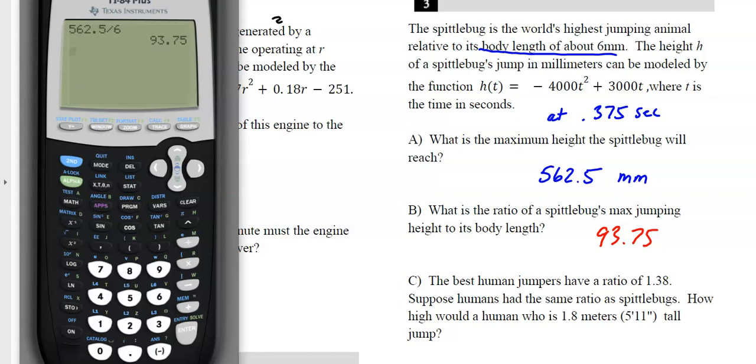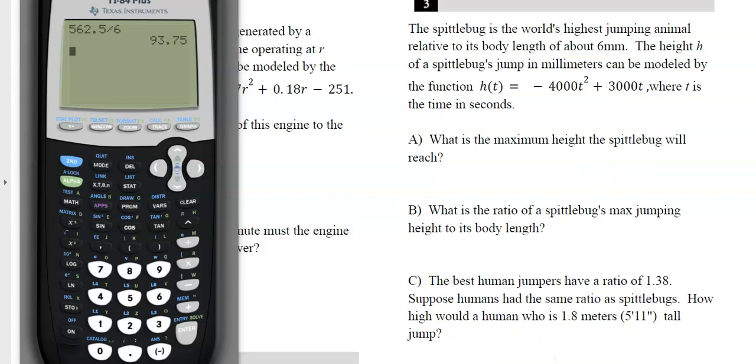But what if somebody who's 1.8 meters, which is 5'11", jumped if they were a spittlebug? So we'd have to do 1.8 times 93.75. So I'm going to just hit times 1.8.